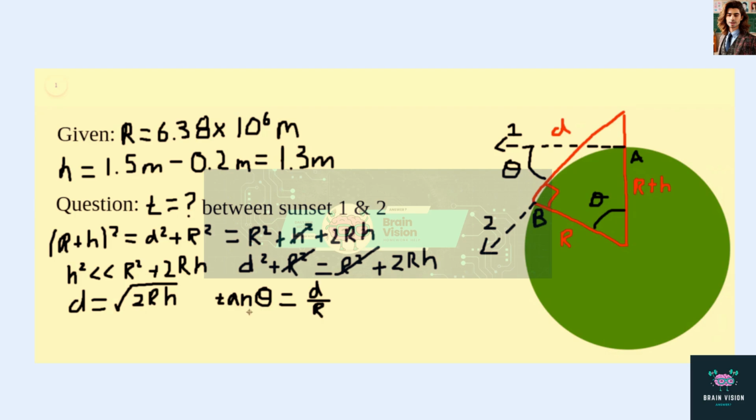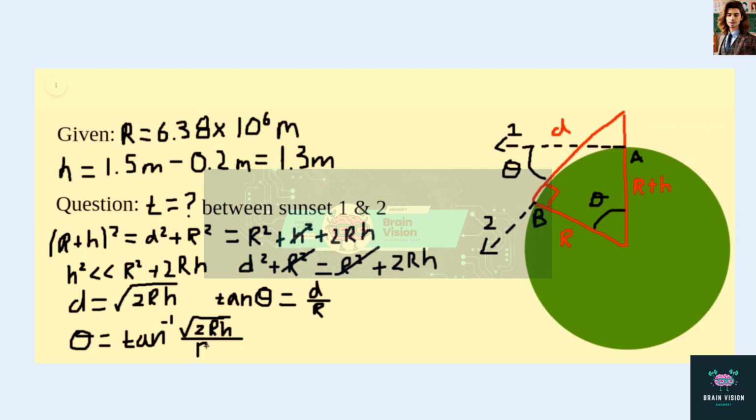We know that d is equal to the square root of 2rh, and we know what r is, so let's go ahead and solve for theta. We have all the pieces in place. So theta is going to be the inverse tangent, which is denoted as tangent to the minus 1, of d, which is the square root of 2rh, so we'll just write it as that, all over r.